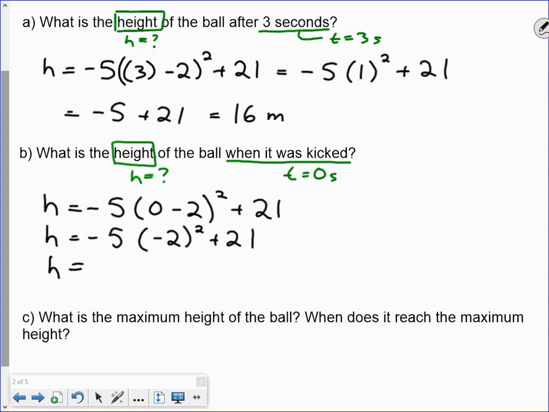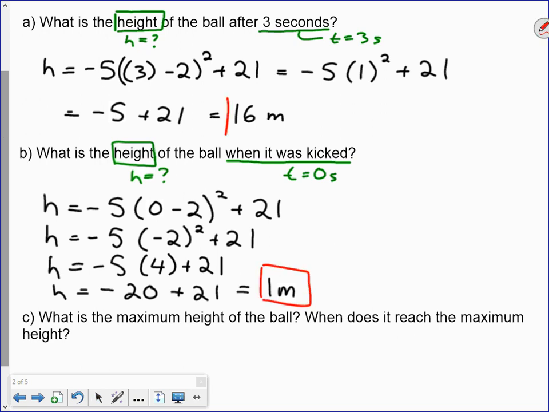I'm going to do my squaring, so -2 squared, -2 times -2 is going to be +4. -5 times 4 is going to be -20, plus 21 is going to give us 1 meter. So when the ball was kicked, it had a height of 1 meter.